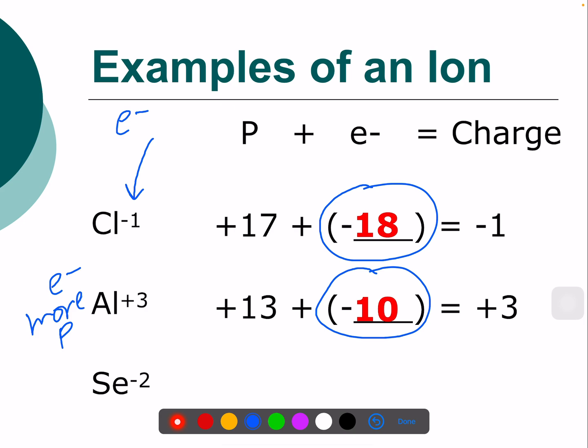So this aluminum ion has 13 protons and 10 electrons. Now to find the number of neutrons, you would just do it how you would normally. That doesn't change. Our last one, if we have 34 protons and we need a -2 charge, that means we need more negatives than positives. So 34 minus 36 gives us -2. So there are 36 electrons in that ion.